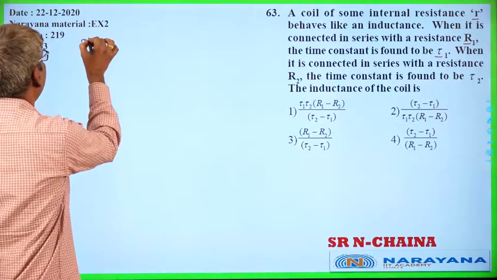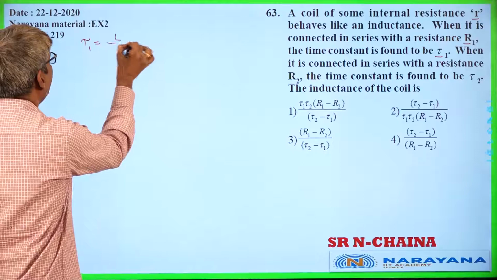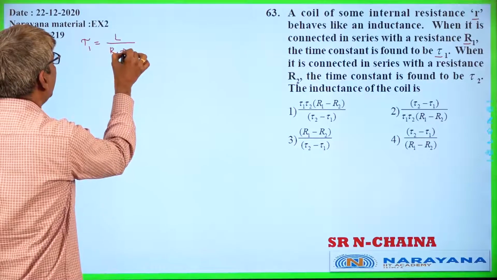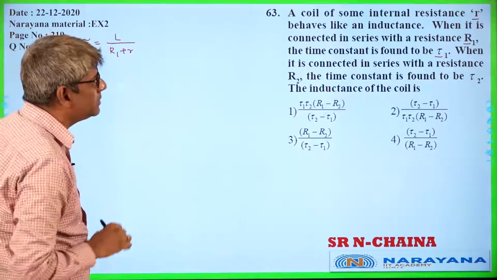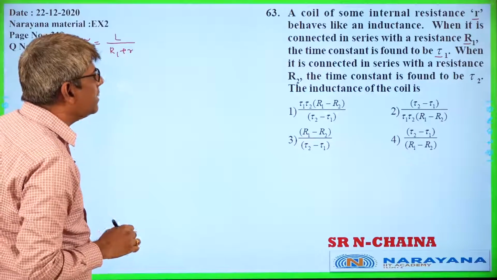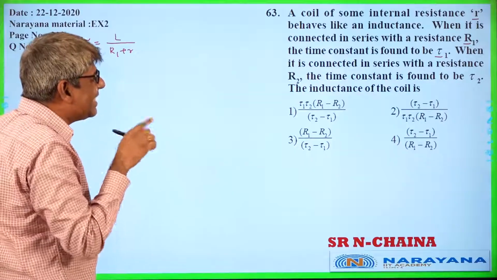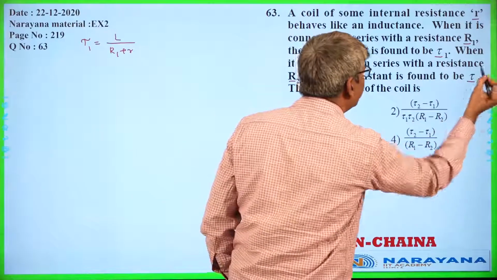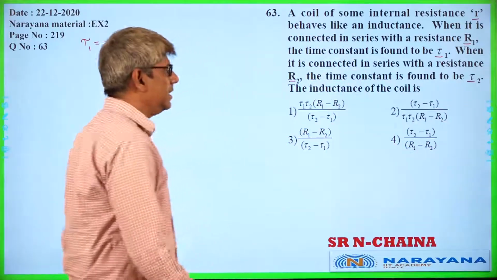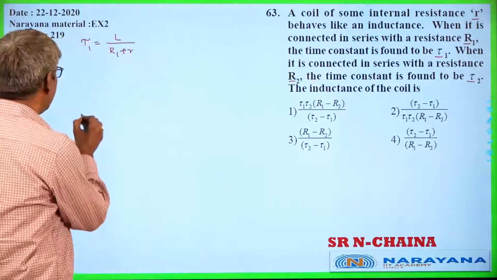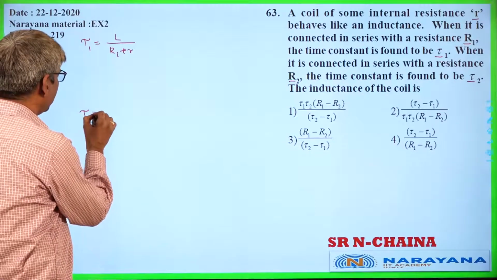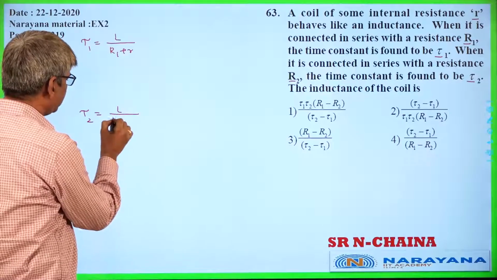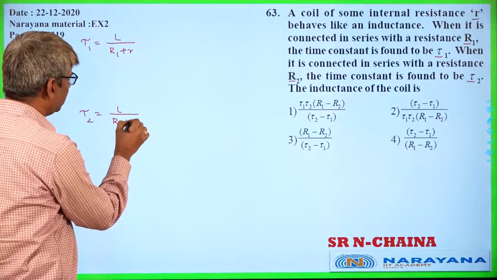So we can write tau 1 is equal to L by R1 plus small r. Next, when it is connected in series with a resistance R2, the time constant is tau 2. So tau 2 is equal to the same inductance L by R2 plus r.